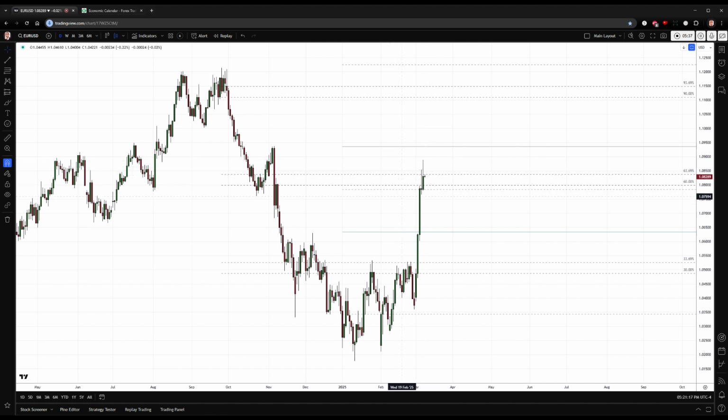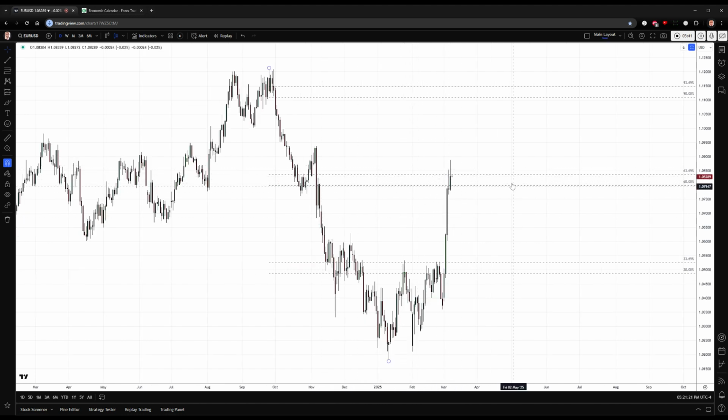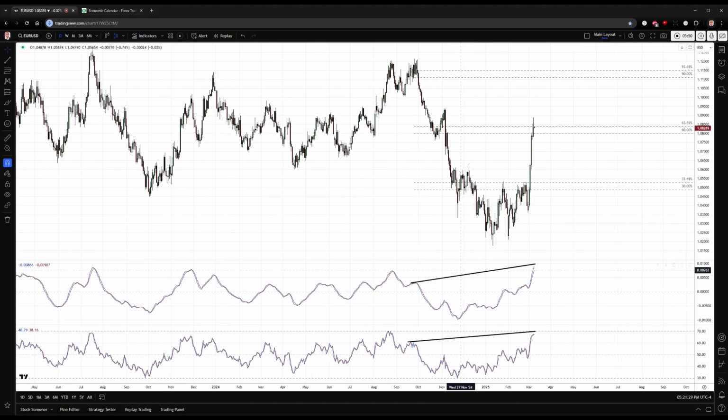But I'm still holding on to this position because, number one, we're still in this range of the 60 and the 63.69%, finding some resistance here, coupled with a hidden divergence both on the MACD and the RSI, right?